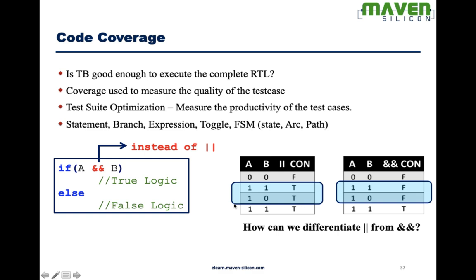When we try to improve this coverage from 50 to 100%, obviously we would think of generating the other patterns. That's 0, 1 and 1, 0. When we try these patterns, obviously we would be able to identify this bug. We will come to know that we have used logical AND instead of logical OR. That's how expression coverage works.